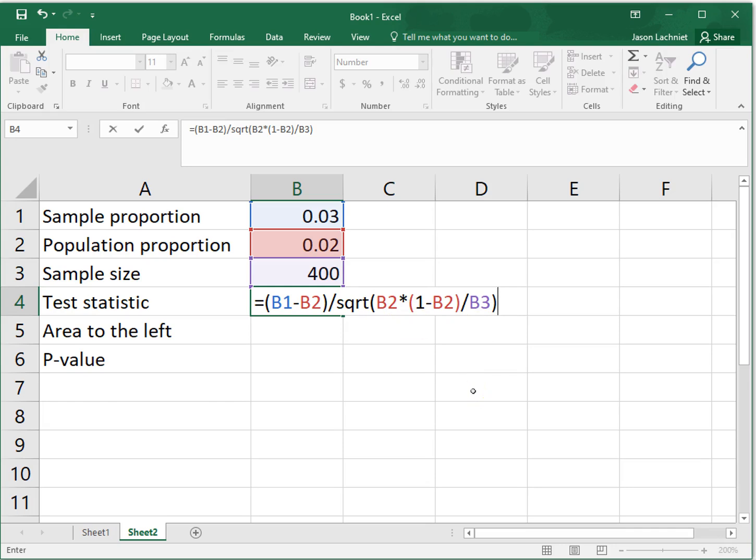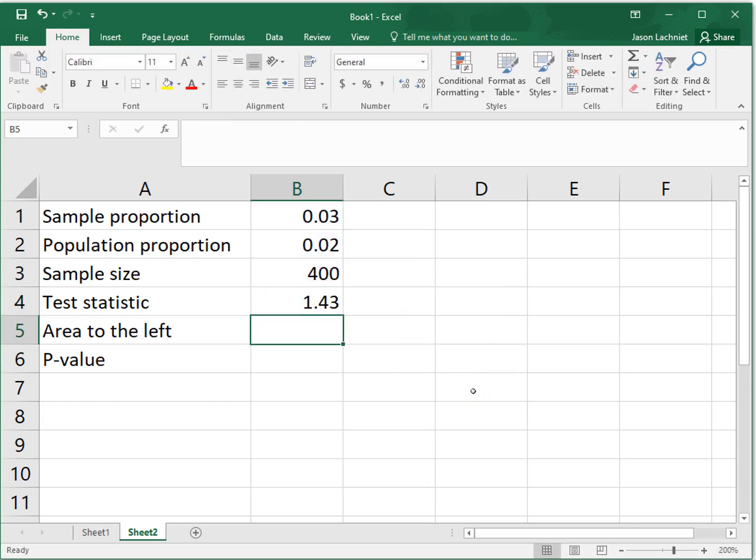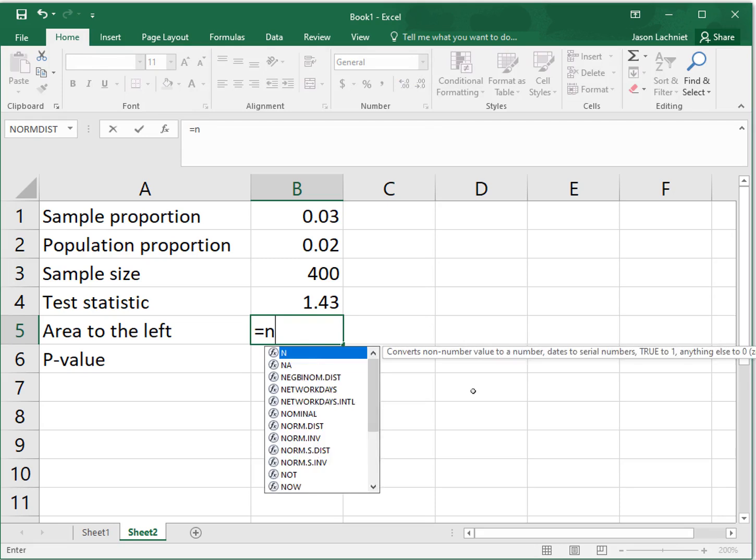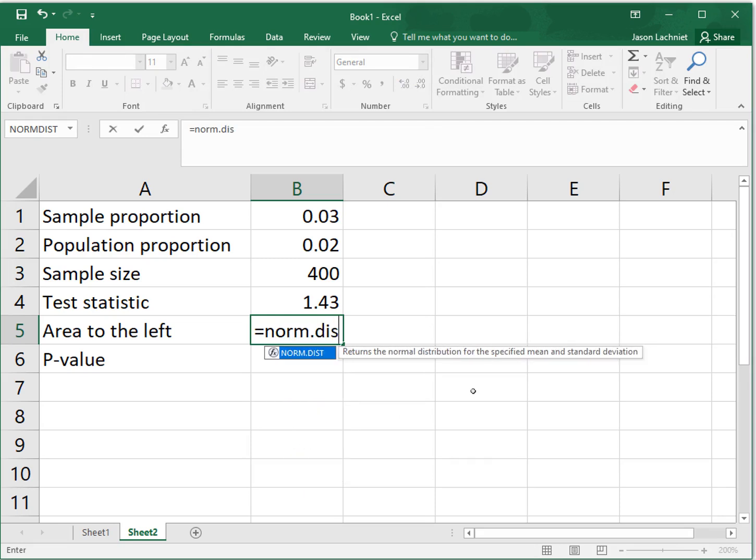So we'll evaluate that and we get a test statistic, which is really a z-score, right? So that's our z-score. We're going to use the normal distribution function to calculate an area. It will always give us area to the left. So we type equals. The function is norm.dist.